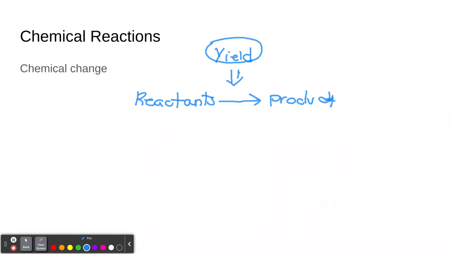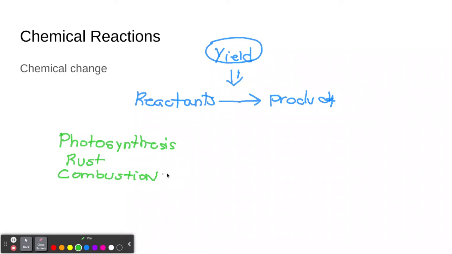So let's look at examples of that. Let's list a few. There's photosynthesis, where the plants get their food. That is a chemical reaction. Rust, for example, is a chemical reaction. Combustion is a chemical reaction. Fire, for example.